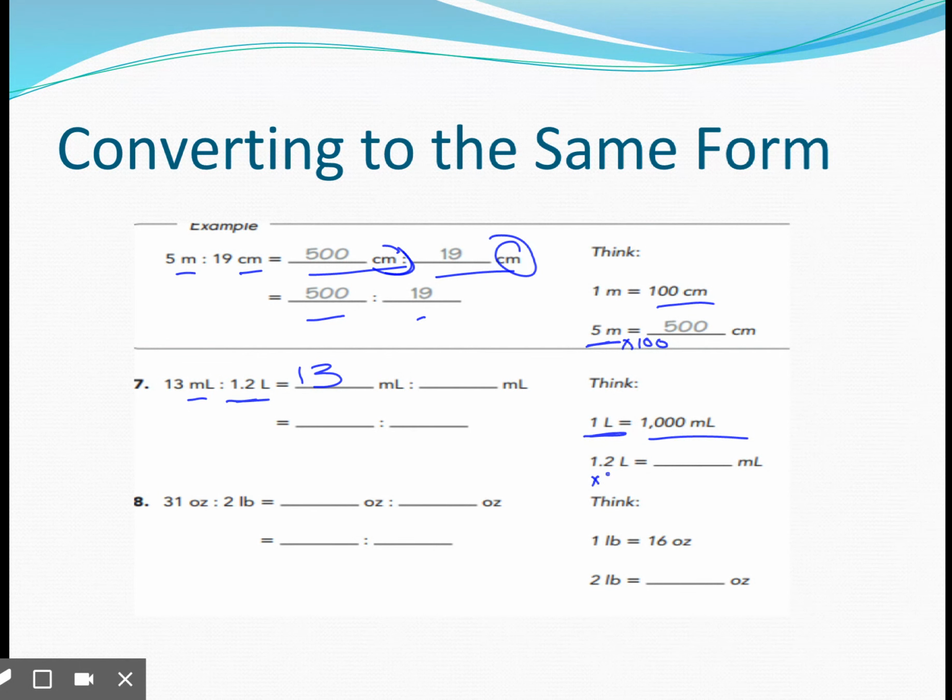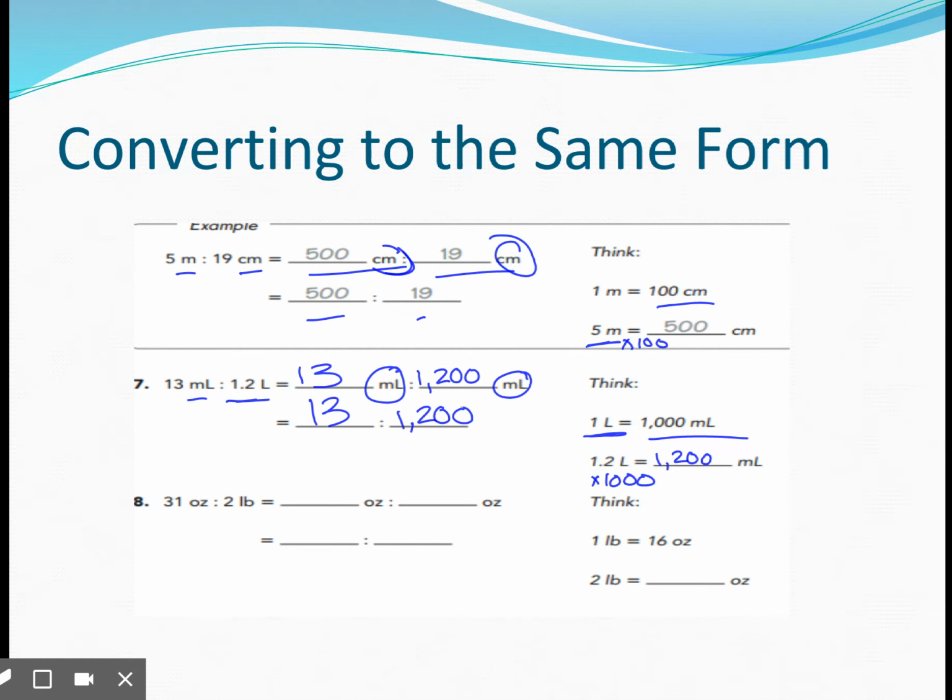So I'm just simply multiplying by 1,000. So this would be 1.2 times 1,000. Because I have 3 zeros, I'd be moving my decimal over 3 places. So I would get 1,200 milliliters. So again, now I have the same unit. So in my ratio, I can just write 13 to 1,200.